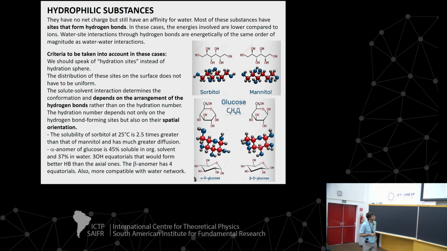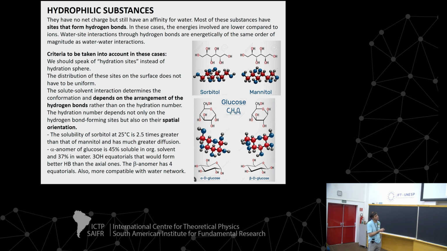For example, here we have sorbitol and mannitol. When you look at the solubility, sorbitol is 2.5 times more soluble than mannitol. How can you explain this?